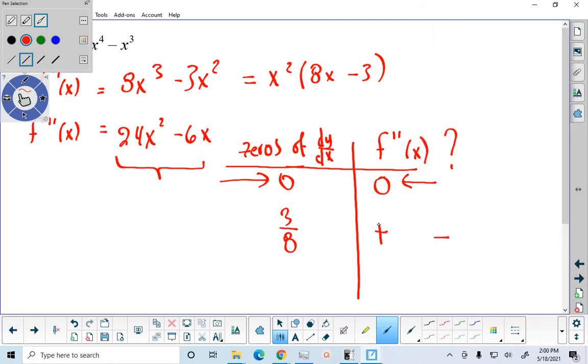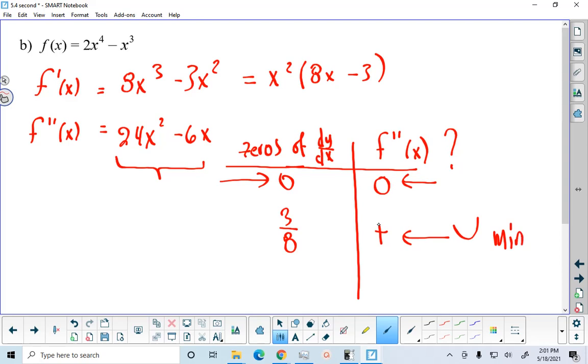So this is telling you that it's concave up, and since the derivative is 0 at that point, there's a minimum at 3/8. The other one is telling you it's neither concave up nor concave down, and that's telling you that there's no max or min there.